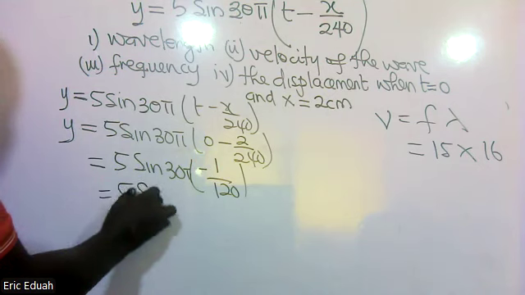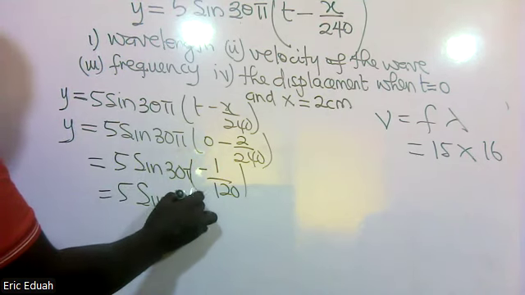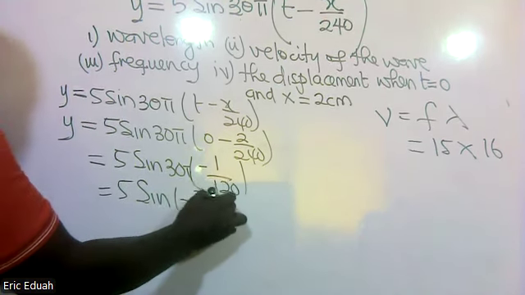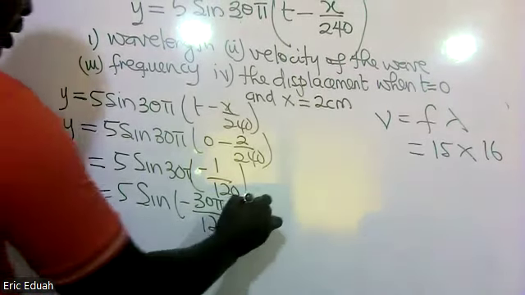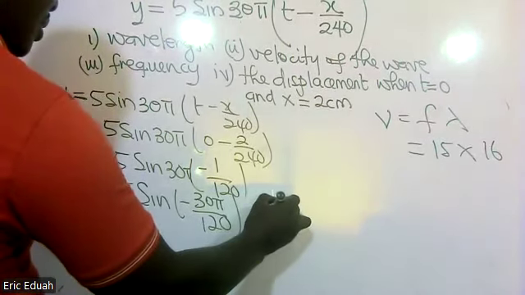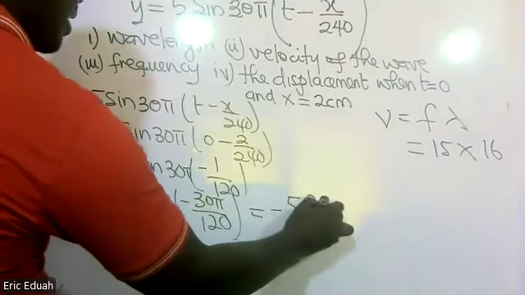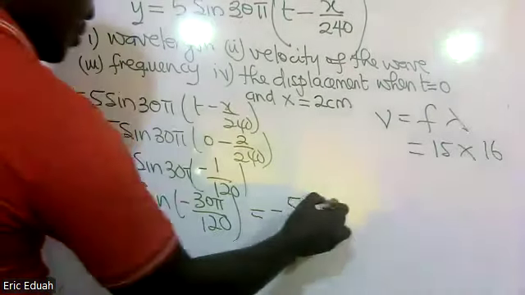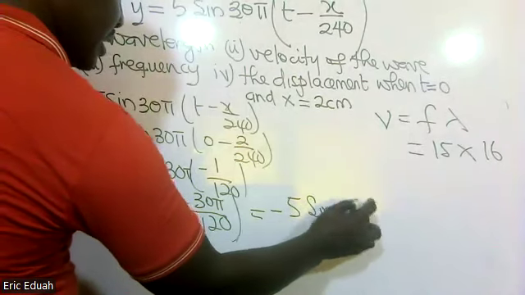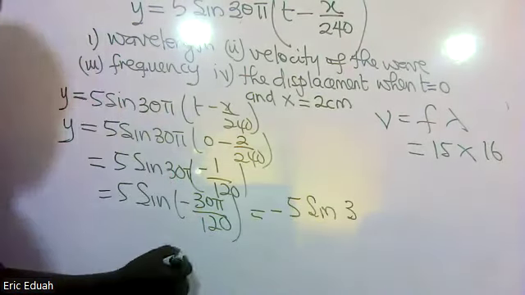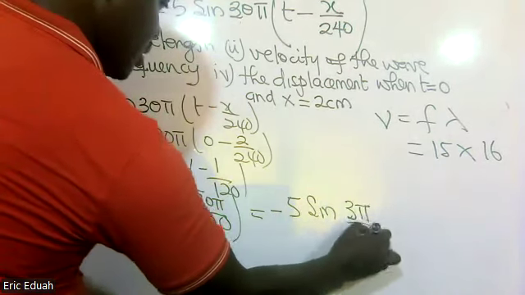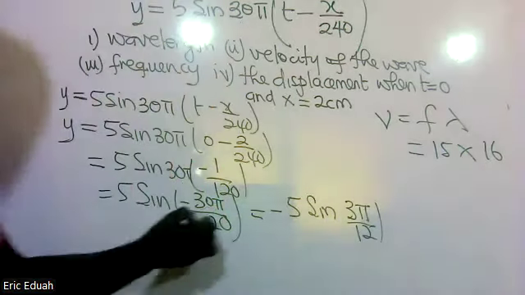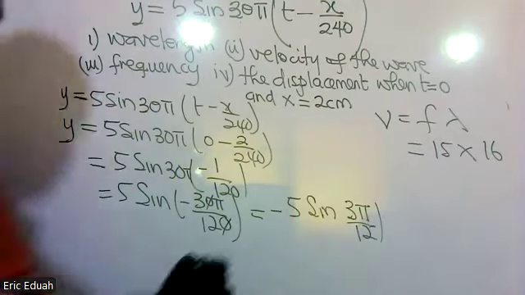So 5 sine of minus 30 pi on 120. This is minus 5 sine of 30 over 120, which is pi over 12, when the zeros cancel out.